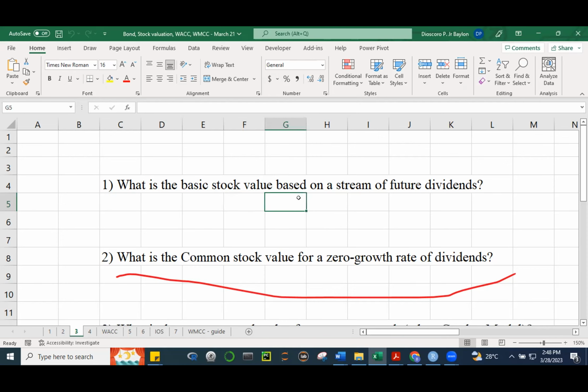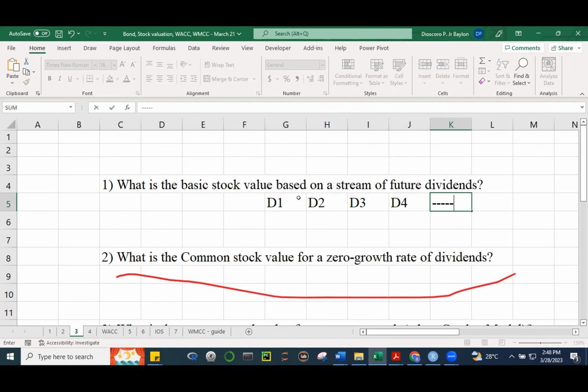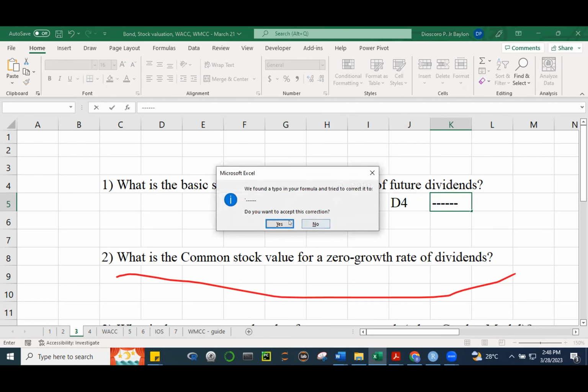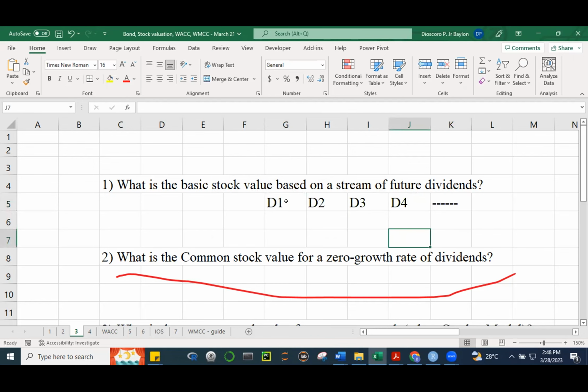If you're given a stream of dividends, let's say D1 for year 1, dividend for year 2, dividend for year 3, dividend for year 4, etc. Okay? So you're given the future dividends for next year, 2 years from now, 3 years from now, etc. How do you compute for the value of that stock?